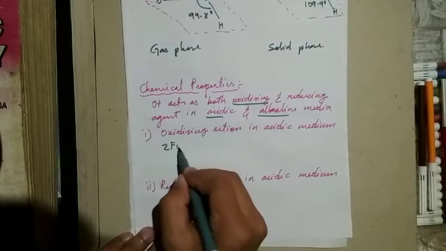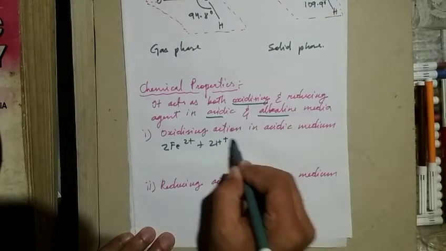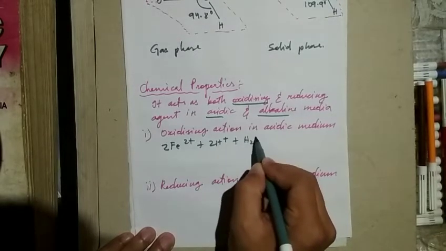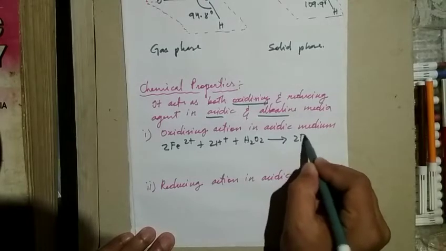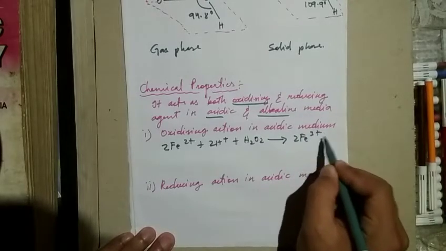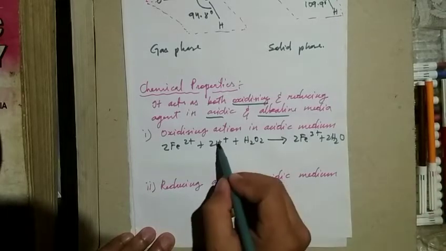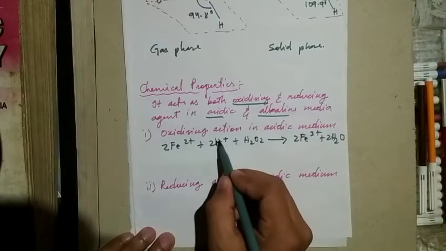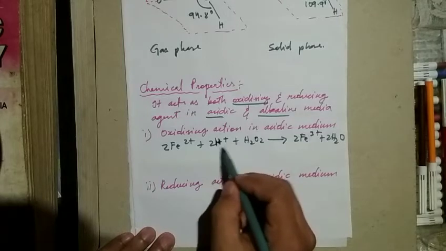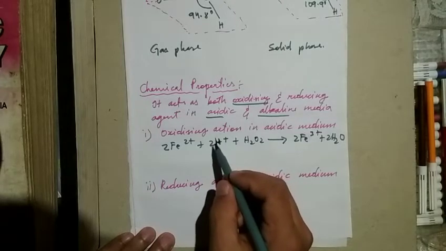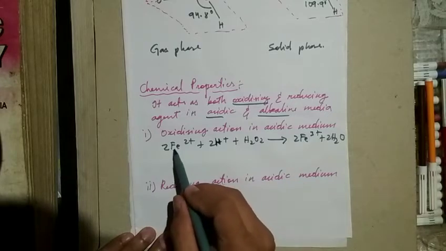Let's see, 2Fe2+ + 2H+ + H2O2 gives 2Fe3+ + 2H2O. In this case, when you see a proton, that means acid is present, because acid donates protons.